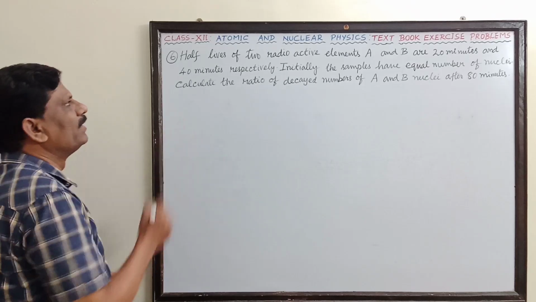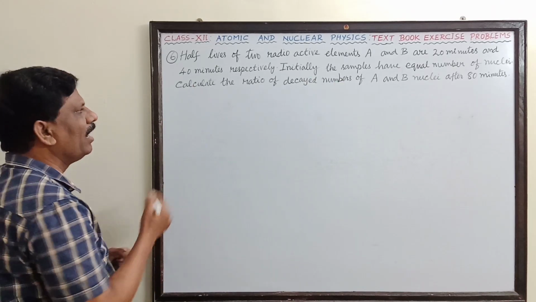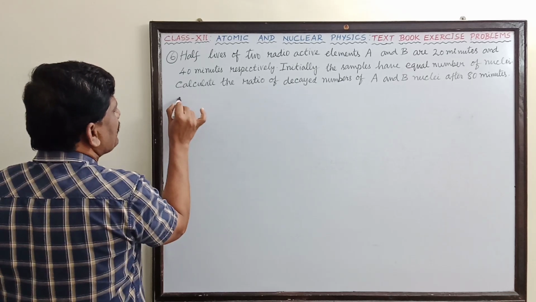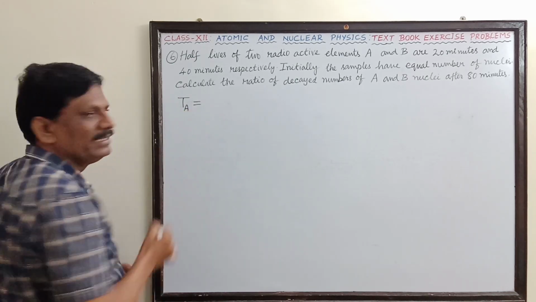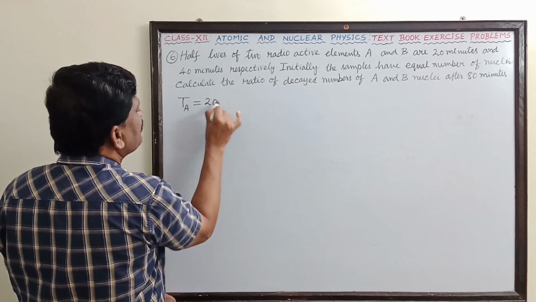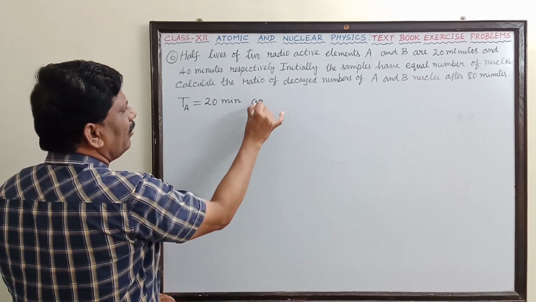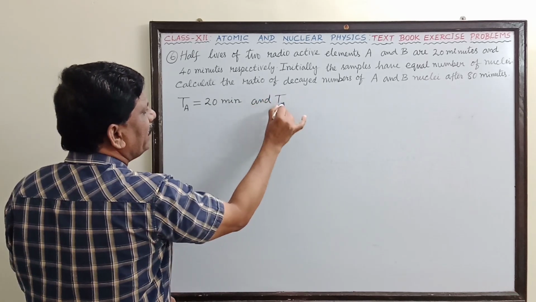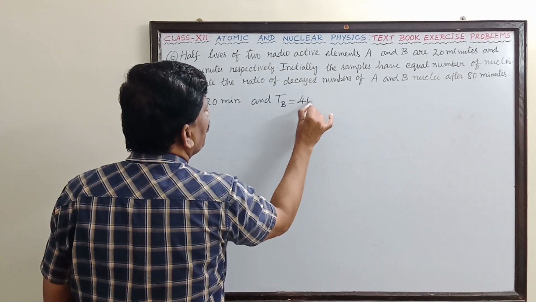Now what are the given quantities? First, 20 minutes and 40 minutes respectively are the half-lives. So let us take the half-life of the element A as TA, which is equal to 20 minutes, and the half-life of the element B is equal to 40 minutes.